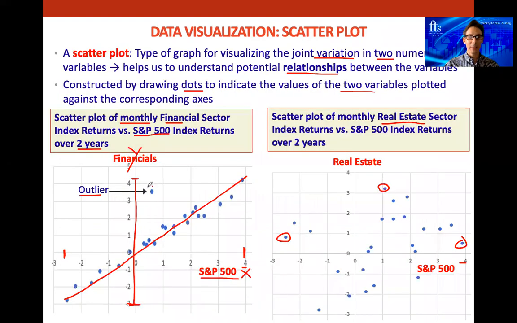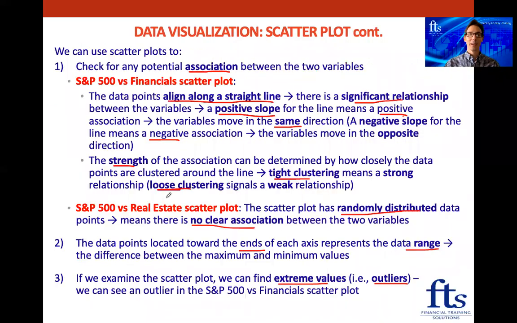There we have an outlier, because the S&P 500 for that month was only doing, let's say, 0.5%, but the financial sector did 3.5%. So that is quite a big outlier. As promised, we will come back to these outliers in another class.